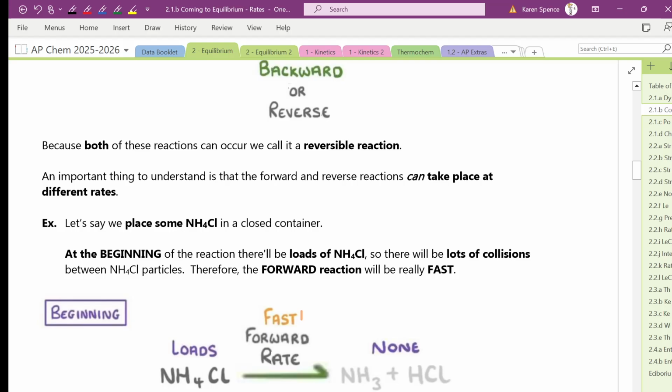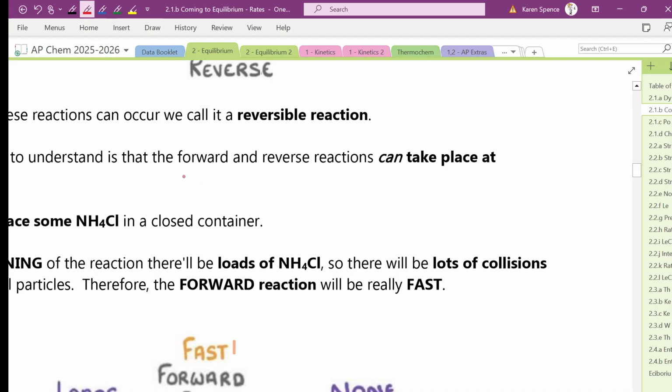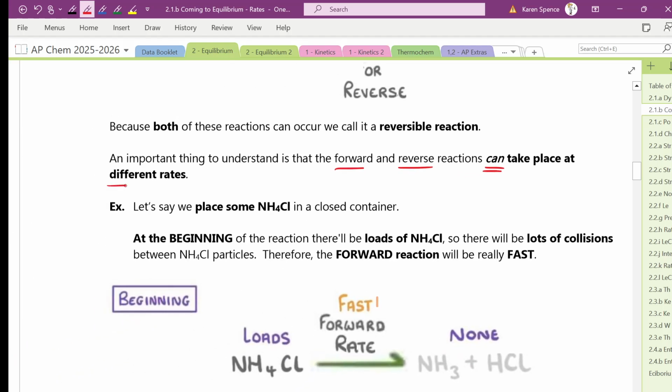It is important to understand that even though we are talking about an equilibrium mostly where the forward and reverse rate are equal, the forward and reverse reactions can take place at different rates.